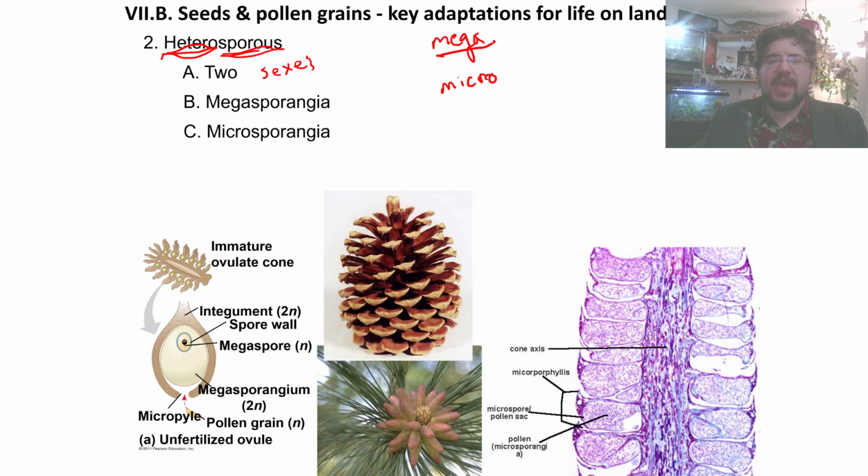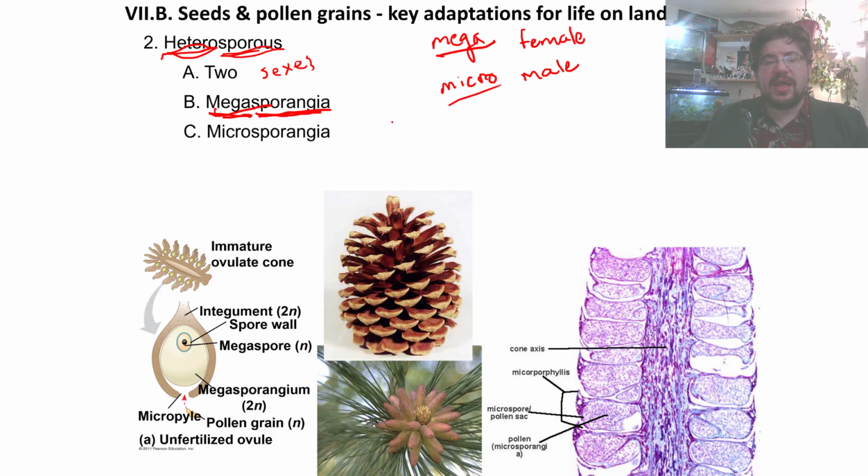So anytime you see mega, we're going to essentially be referring to female structures, and micro will be referencing various male structures. So for instance, the megasporangia is the spore-producing structure. Sporangia produces spores. Mega means that we're going to be producing the spores that produce the female reproductive structures.